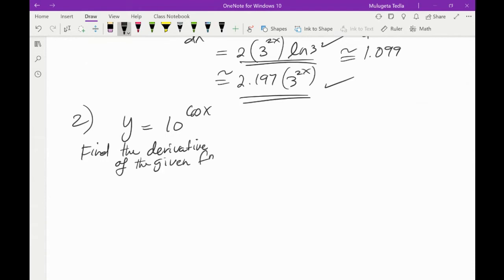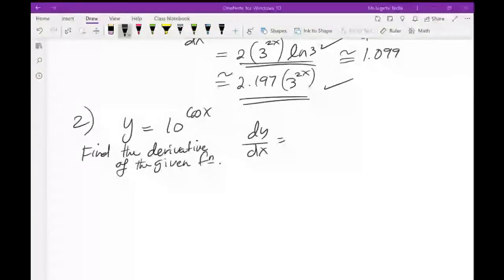What is dy by dx? Okay, let me see. 10 to the power of cos x times ln 10 times minus sine x. Excellent.